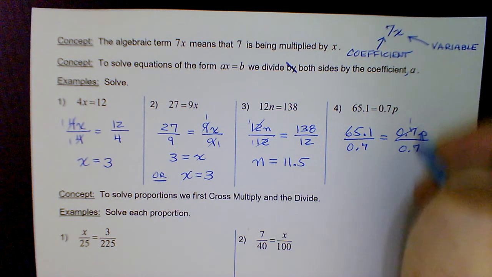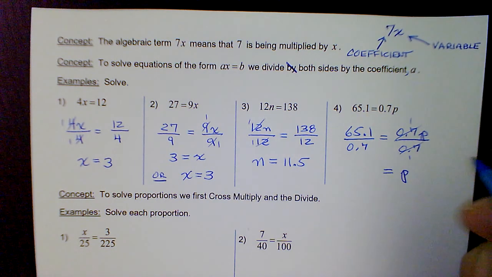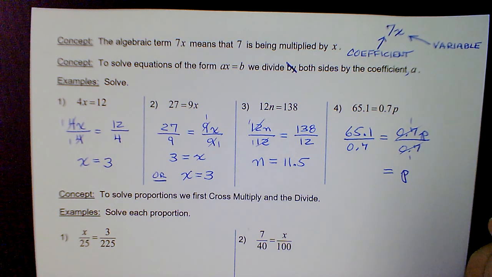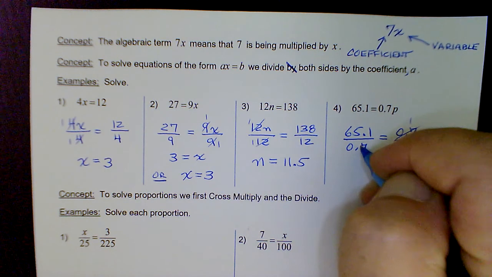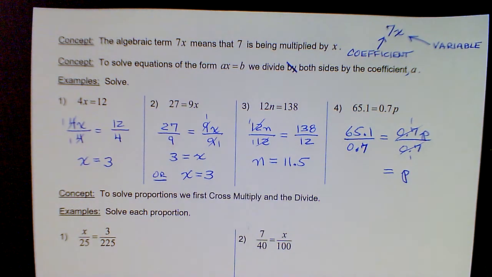The 0.7s cancel. We just get p on the right, 1p over 1, or just 1p or p. And obviously here, calculator, 65.1 divided by 0.7 is 93.